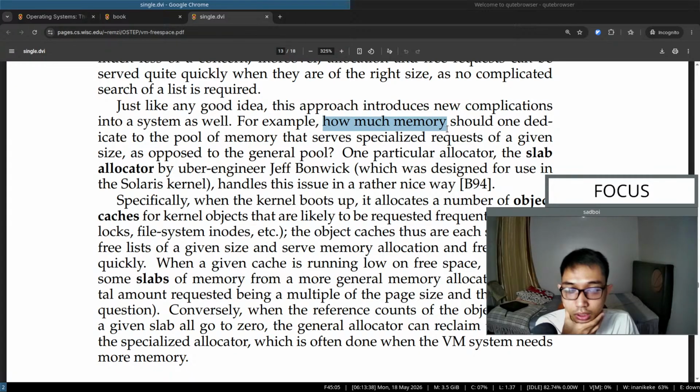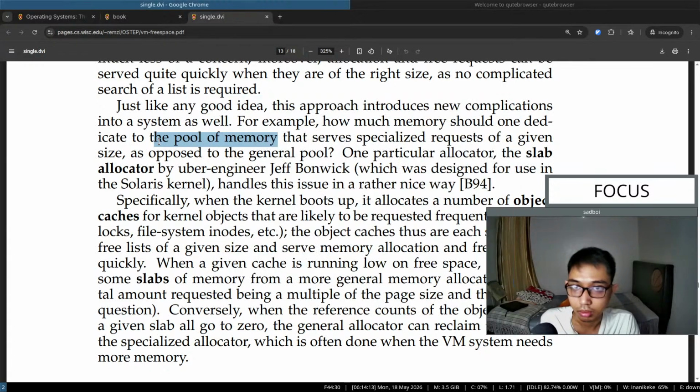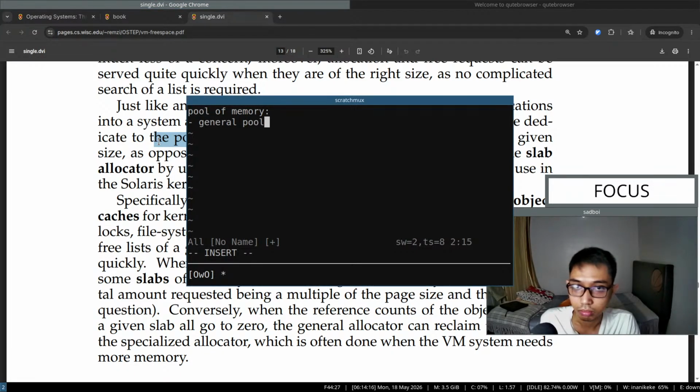Maybe something like a split ratio: how much the general pool has and how much this dedicated pool of memory has. It would be something like this: a pool of memory, and then we split that into a general pool and then a dedicated pool.